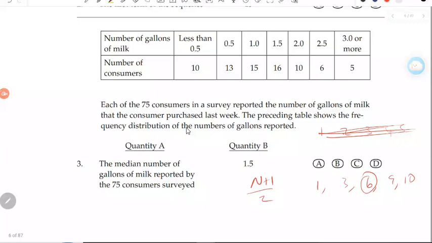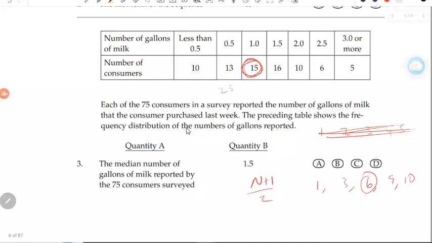Where do we get 38? 10 plus 13 is 23. 23 plus 15 is 38. So that means the median falls here.